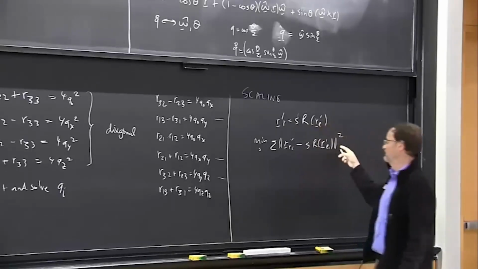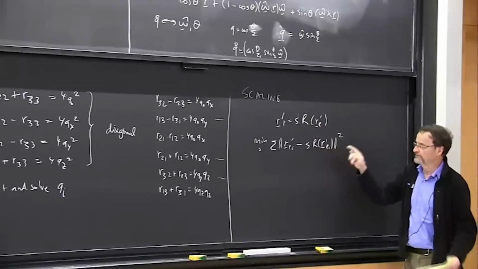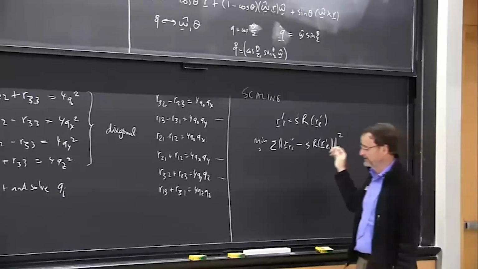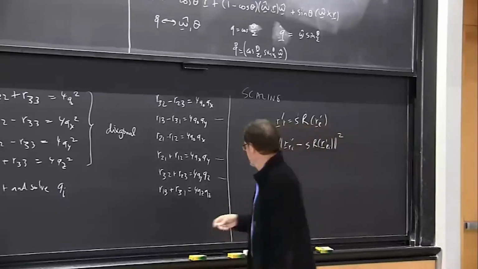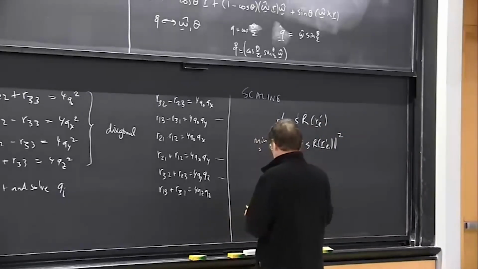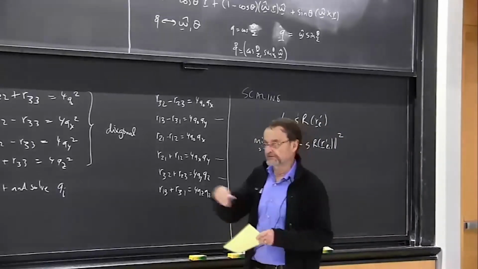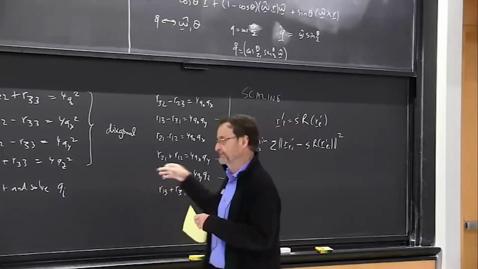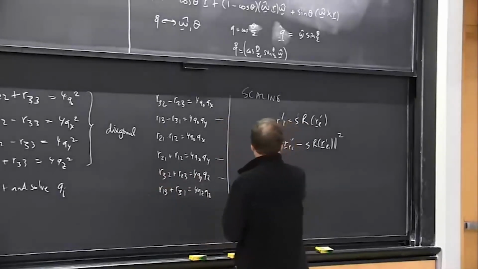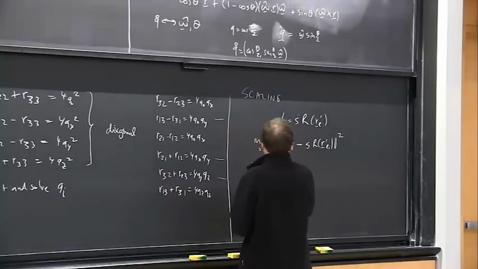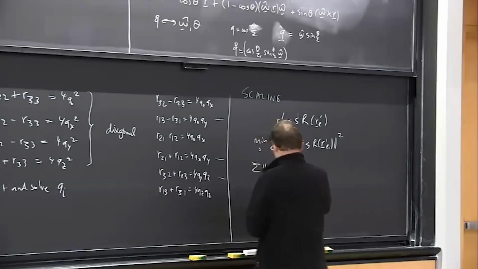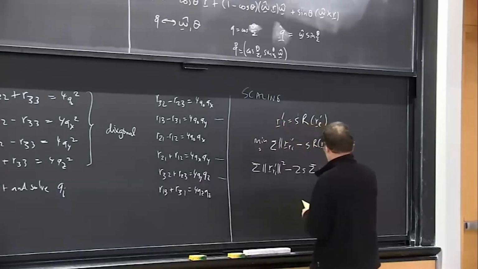Of course, the norm is the dot product of this thing with itself, so we can actually multiply it out. We get 4 terms, and then the sum of those 4 terms is the sum of 4 sums. So this is very similar to what we've done before.